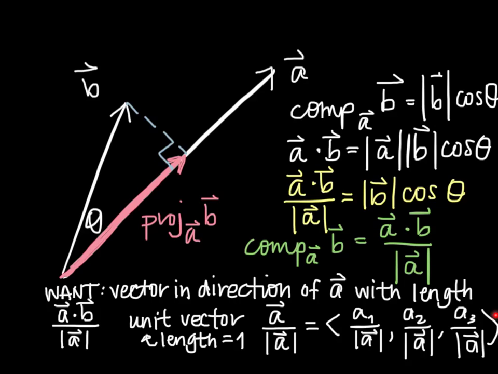And if you go through all the steps and use the formula to find the magnitude of a vector, you'll find that by dividing each component by the length of A, what you're essentially doing is dividing out the length. So you are left with a length 1 vector. I encourage you to do all the steps out on your own if you are still skeptical that this is a unit vector.